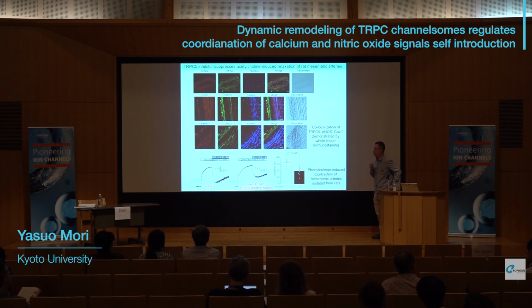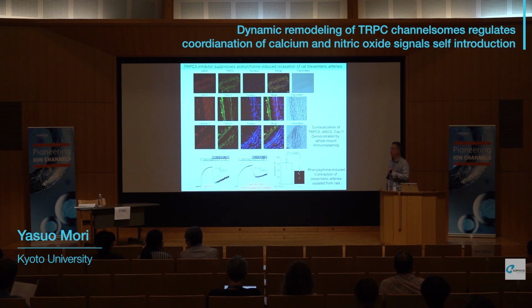The reason why we didn't use the knockout mice is quite simply because there is a tendency that in the case of TRPC channels, even though the gene is knocked out, the deficiency is very often compensated by other TRPC homologs, and that was one of the reasons. But we haven't really tested with the eNOS inhibitor in this case.